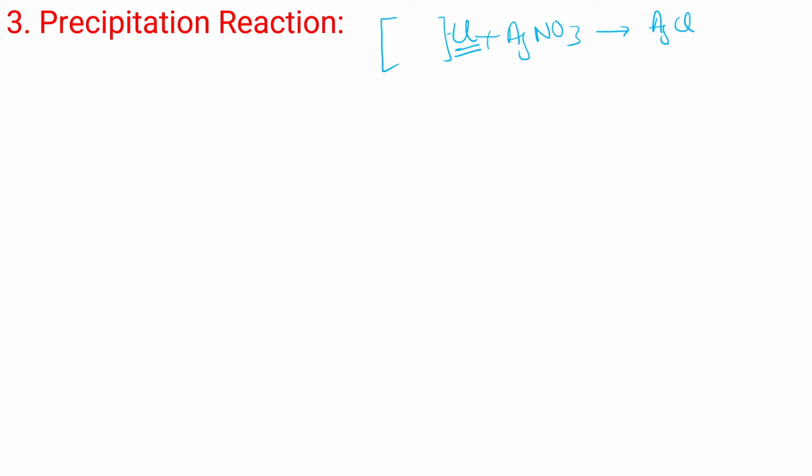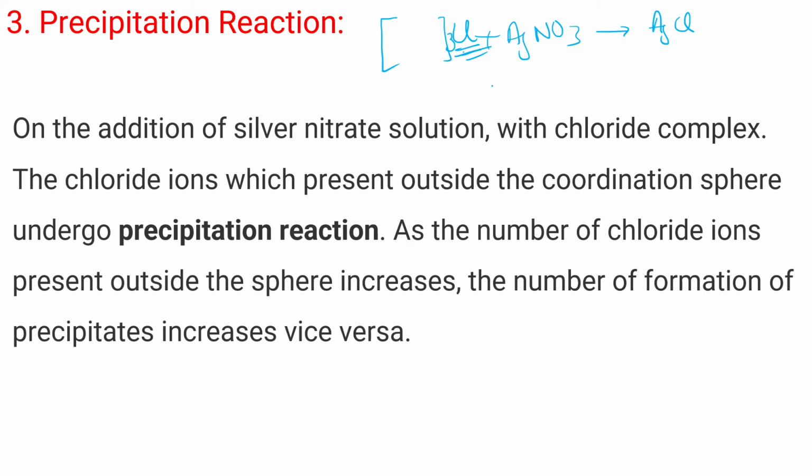So from there he got to know the composition of these complexes. On addition of silver nitrate solution to chloride complexes, the chloride ions present outside the coordination sphere undergo precipitation reaction. As the number of chloride ions present outside the coordination sphere increases, the amount of precipitate formed increases, and vice versa.